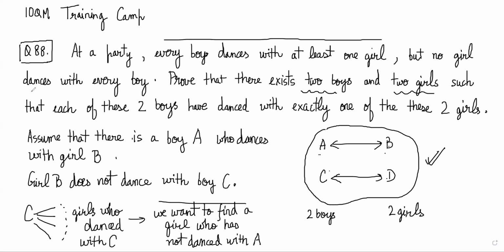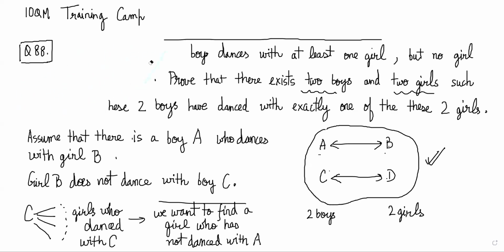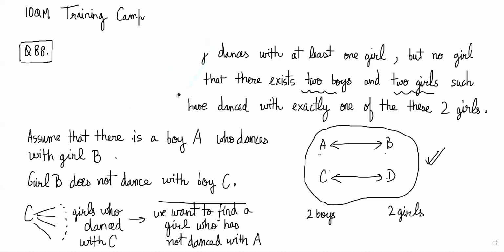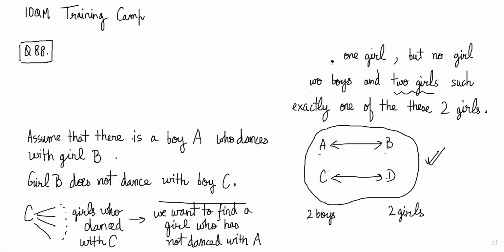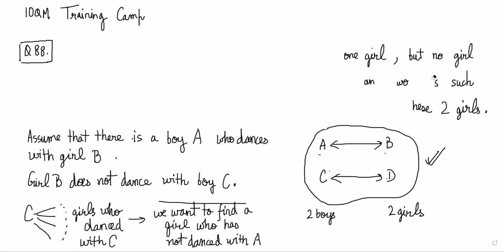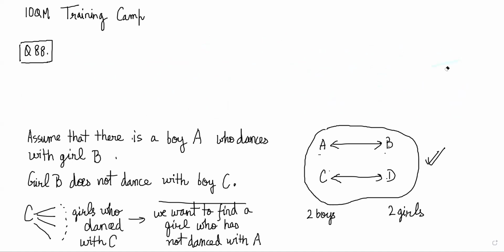So what we will do here is we will choose A to be the boy who has danced with the lowest number of girls. This is an example of a principle called the extremal principle, where in any finite set, we have a maxima or minima.